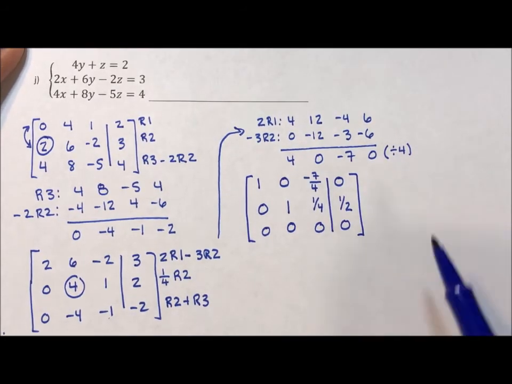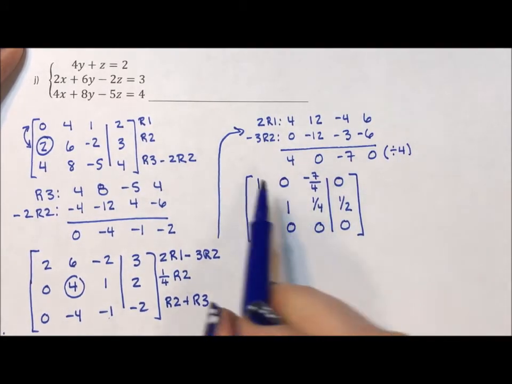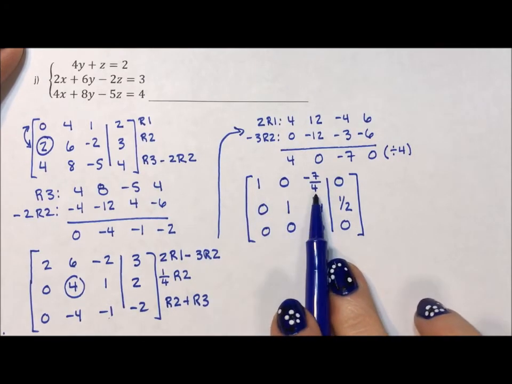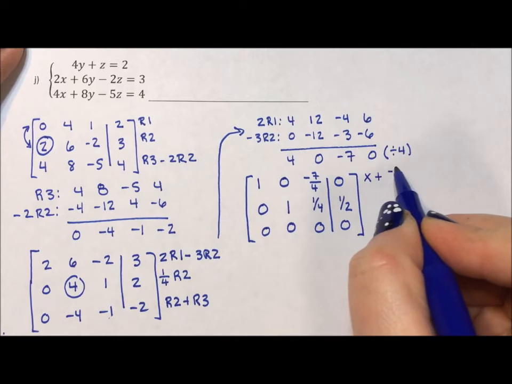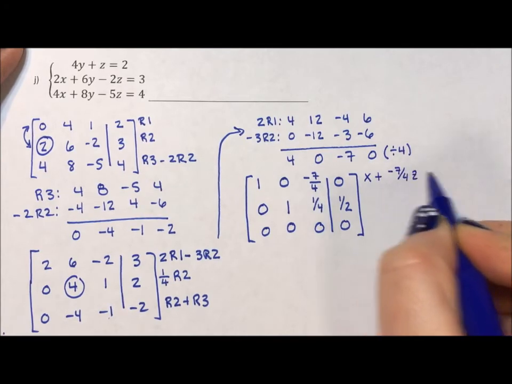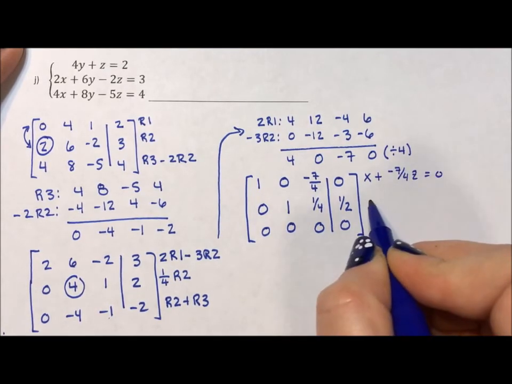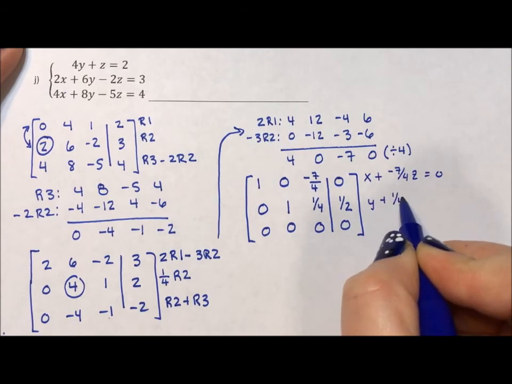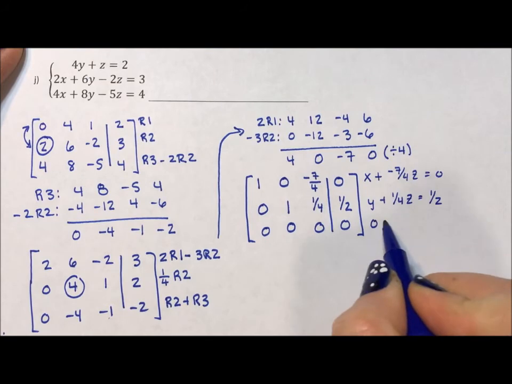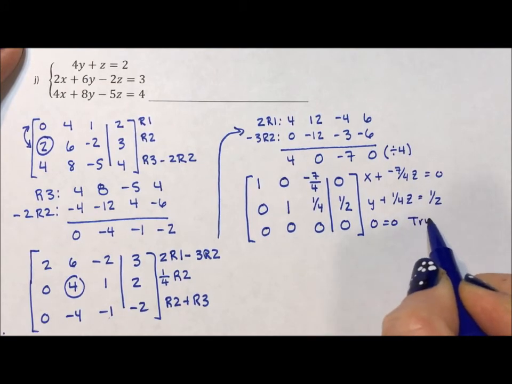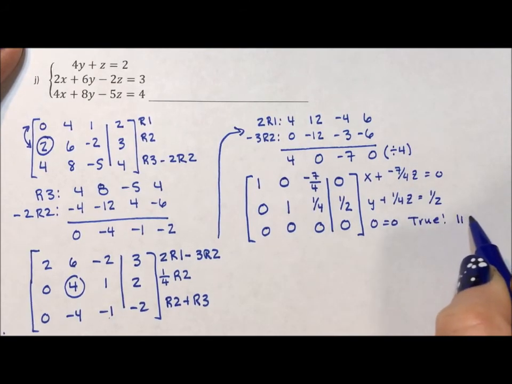Okay, so what's happening here is we have our x column, our y column, and our z column. And what we really have is x plus a negative 7/4 z equals 0. We have y plus 1/4 z equals 1/2. And 0 equaling 0 means that this is a true statement with infinite solutions.